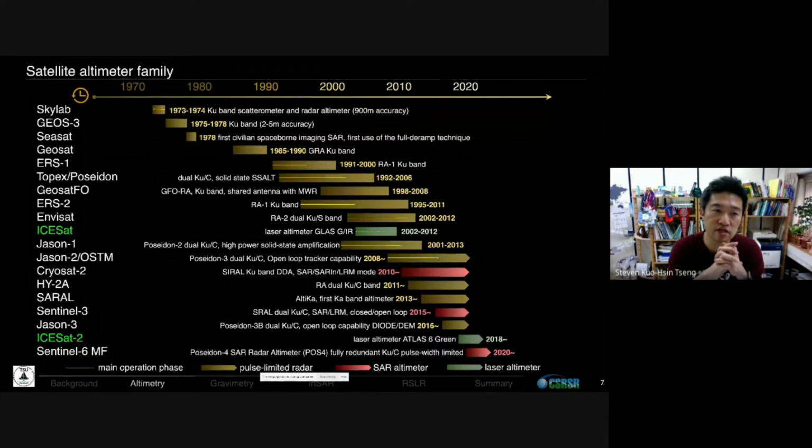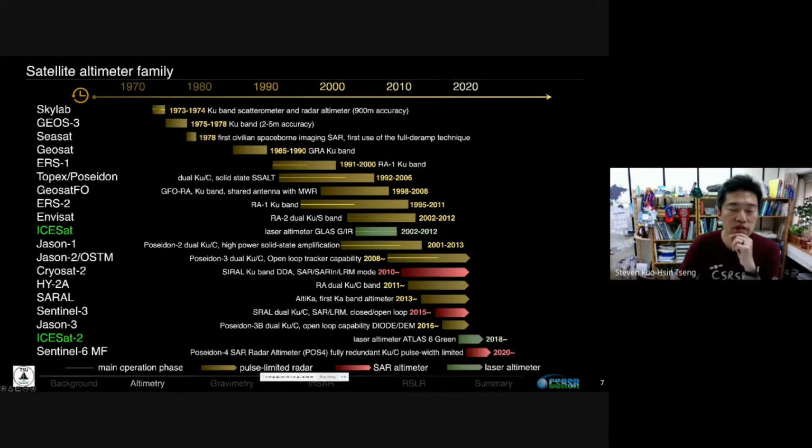But it's a start. It's a very important pioneer in the satellite altimetry history. It's about 50 years ago already, right? So Skylab, the first one, and also GEOS-3, Geosat, and so on.